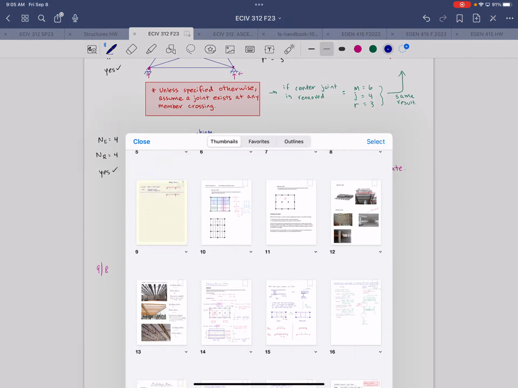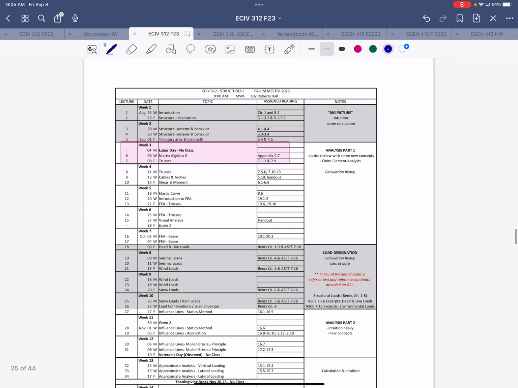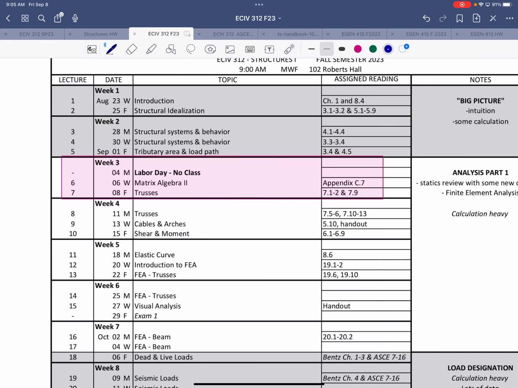All right, so trusses then. I want to jump to our schedule real quick. The sections in the book that are noted as assigned reading: Matrix Algebra 2 was a shorter lecture, so we already started talking about trusses, and technically the determinacy and stability is covered in sections 5 and 6, which I put down here because we're not talking about stability until next week.